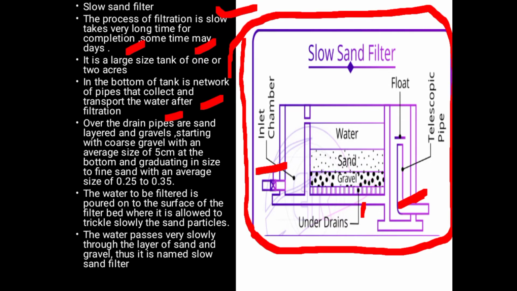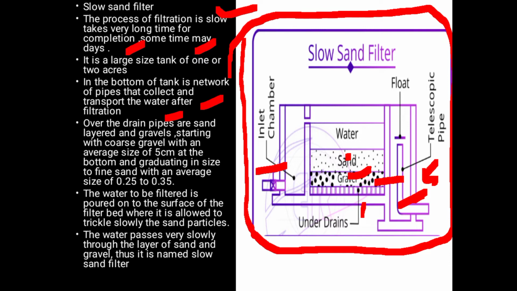Around these pipes there is a layer of gravel and sand, starting with coarse gravel with an average size of 5 centimeter, to fine sand with an average size of 0.25 to 0.35. Now what we will do, the water to be filtered is poured on the surface of the filter bed.